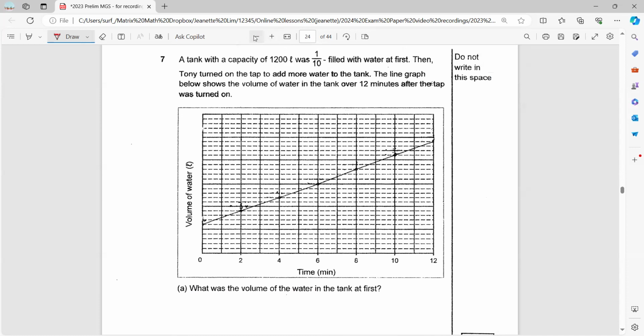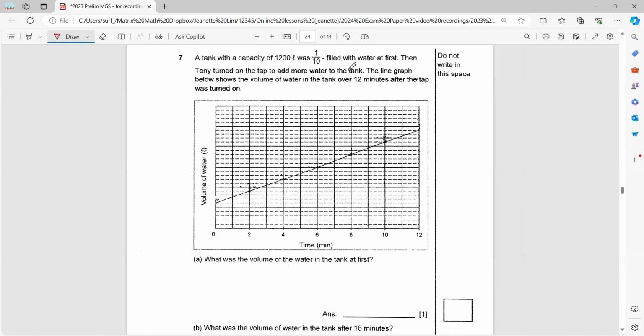Initially, the capacity is 1,200 liters. It's 1/10 filled, so you can find what is 1/10 of that. 120 liters. So this starting point over here is 120, and that is 6 intervals.